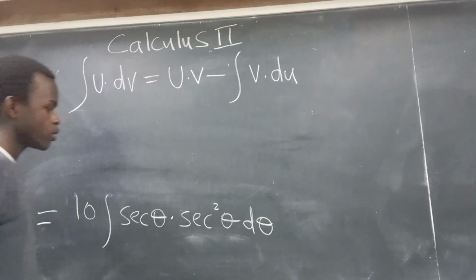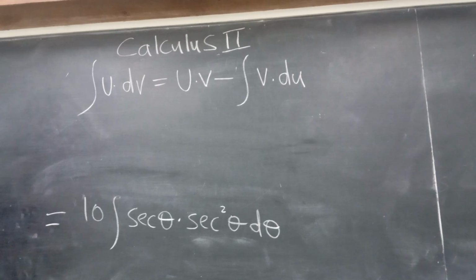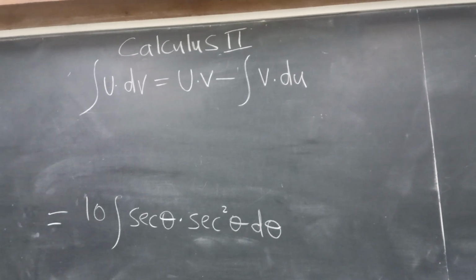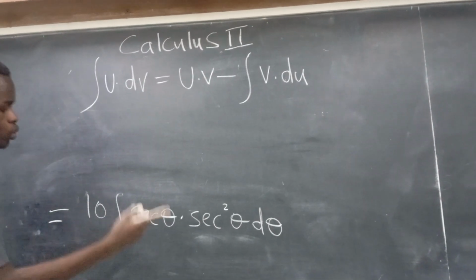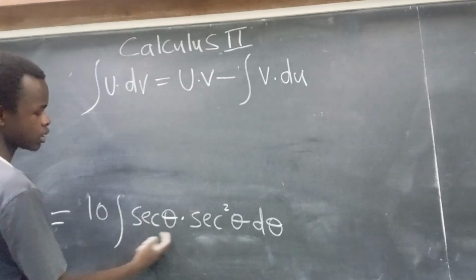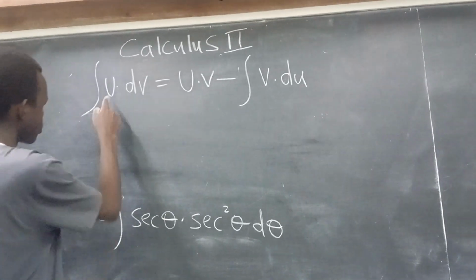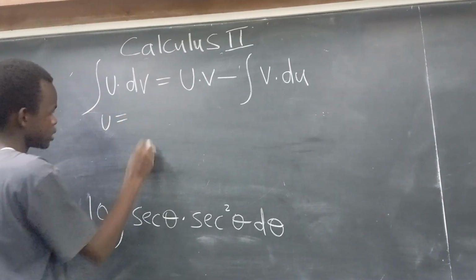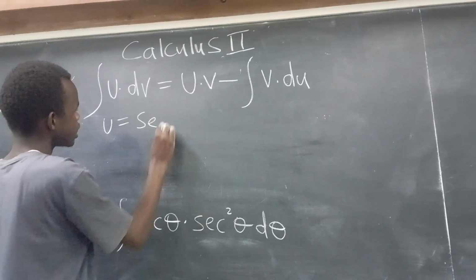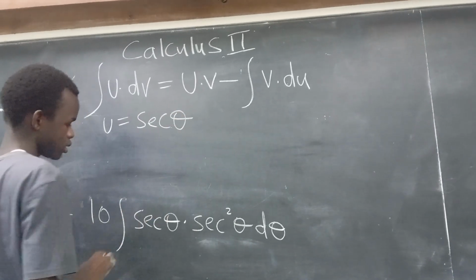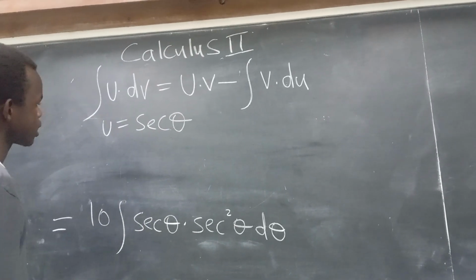We had seen how to do that. Okay, so I'll choose my u automatically to be secant. So my u will be secant. We had talked on videos on integration by parts.